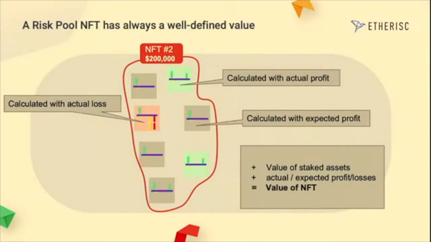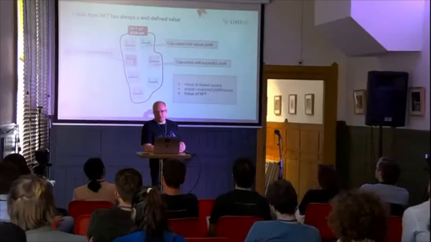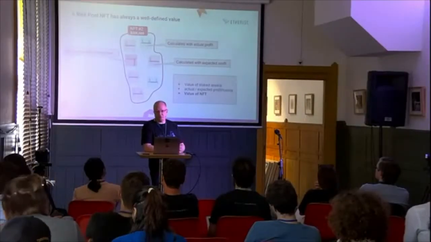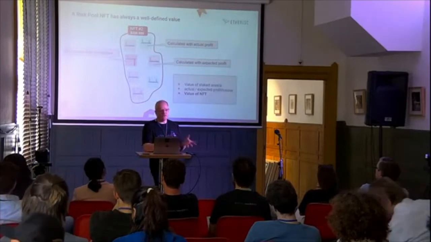They have an expected profit, and this can be calculated based on standard insurance mathematical models, and so an NFT always has a specific value. So it's a financial asset, and you can sell it, you can buy it, you can trade it, and that makes it very flexible. But you have a problem.